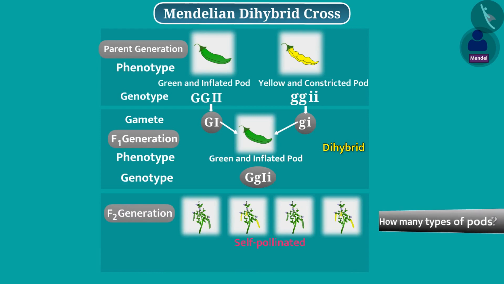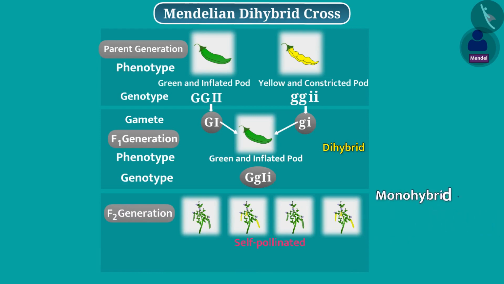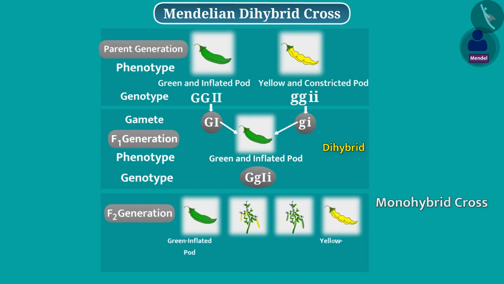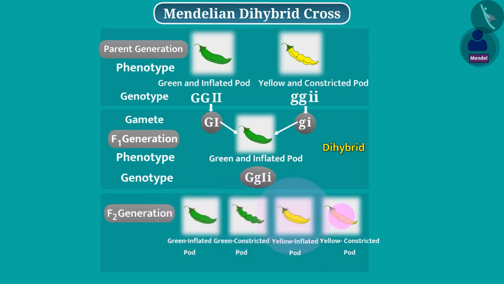Let me tell you. On the basis of monohybrid cross, we can say that some of the pods produced in F2 generation will be green and inflated, and some pods will be yellow and constricted. But in F2 generation, 4 types of pods were produced.